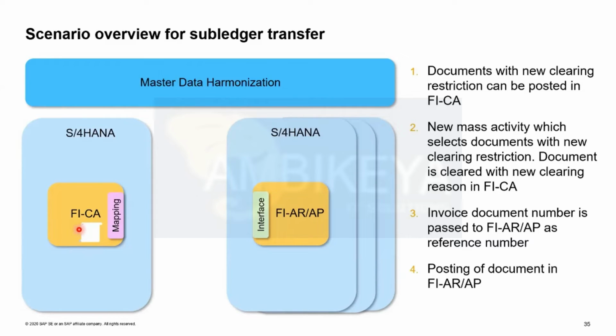Those documents have a special clearing restriction, which is picked up by a new mass run, by a new mass activity, and this mass activity clears this document and in a synchronous way passes it over to FIAR-AP and posts it here.